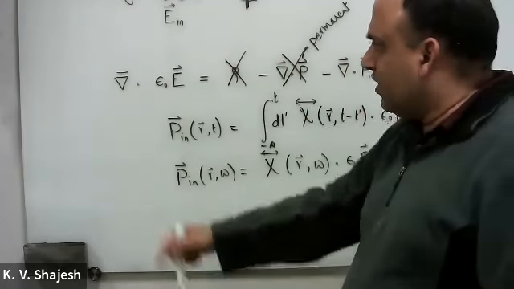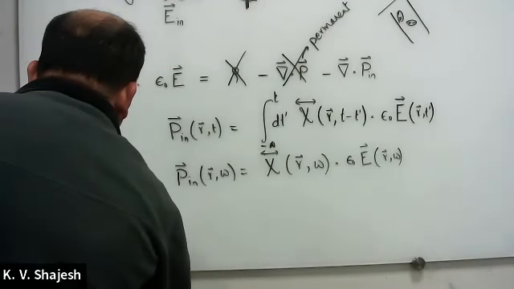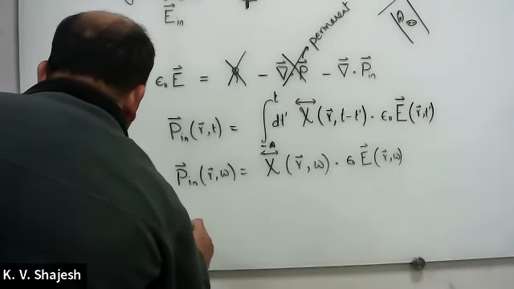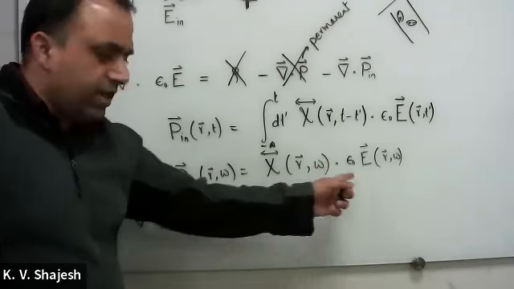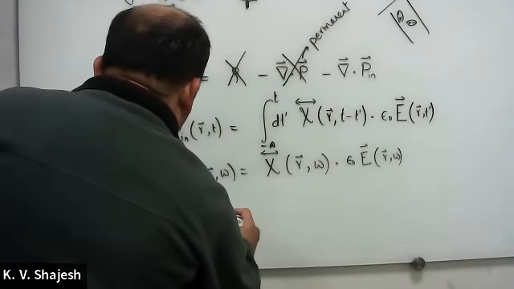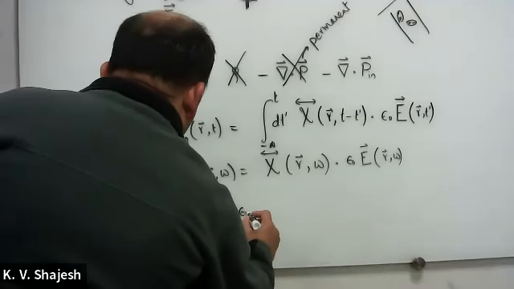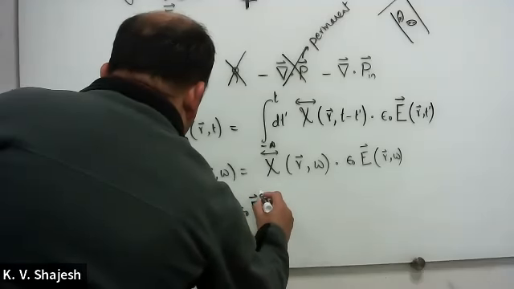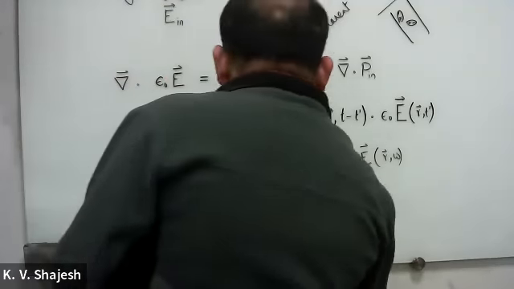You put this on the left-hand side, and you say that del dotted with epsilon naught E plus chi times epsilon naught E is equal to 0.